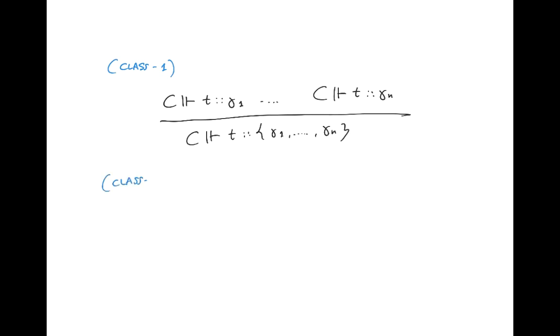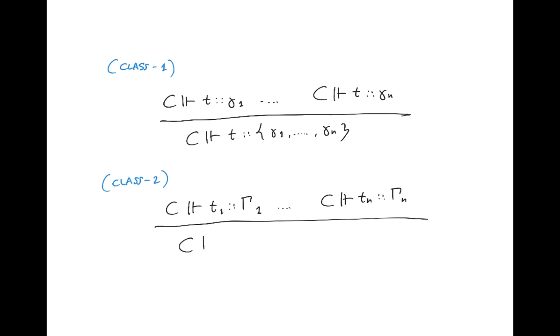The other class rule is also not surprising, because it says that if we can conclude that T1 is a member of all the type classes in gamma 1, and we can conclude that Tn is a member of all the type classes in gamma n, then we can conclude the information that we have all of these.